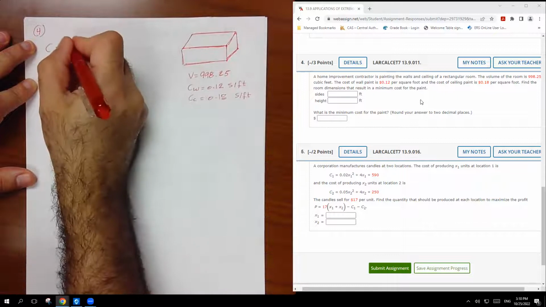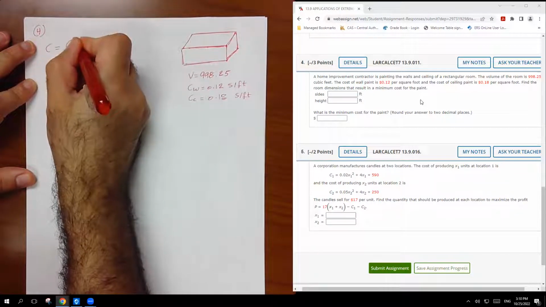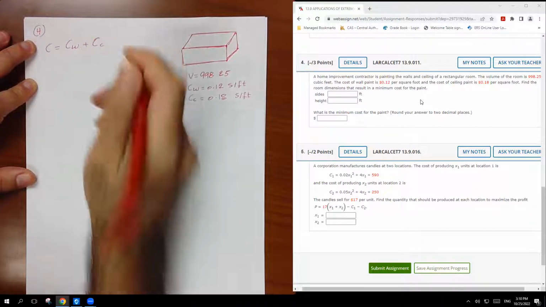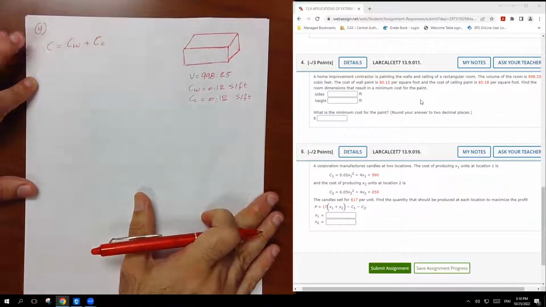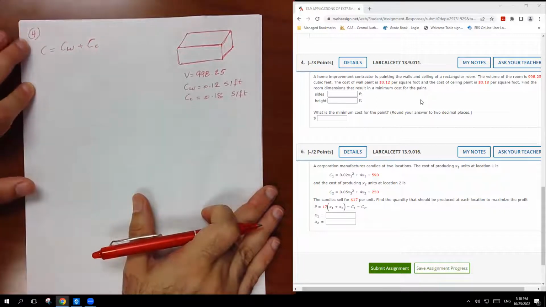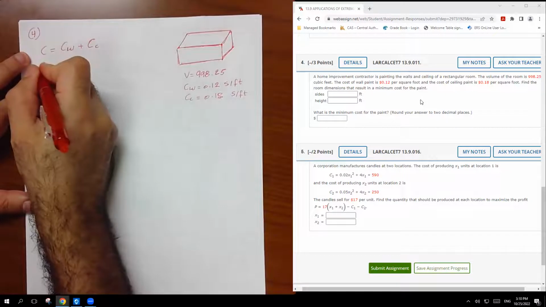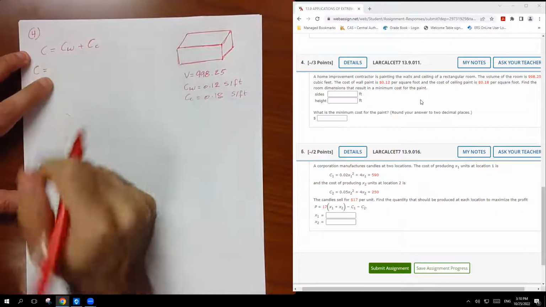So it's going to be the cost of painting the wall plus the cost of painting the ceiling.